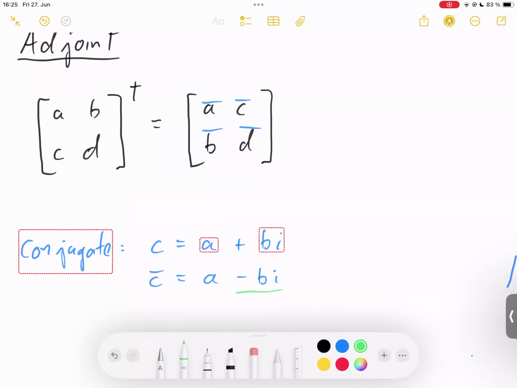So the adjoint of a 2 times 2 matrix A, B, C, D, we do a transpose, so B and C get flipped, but we also get the conjugate of each entry. So in each entry, we change the sign of the imaginary part.